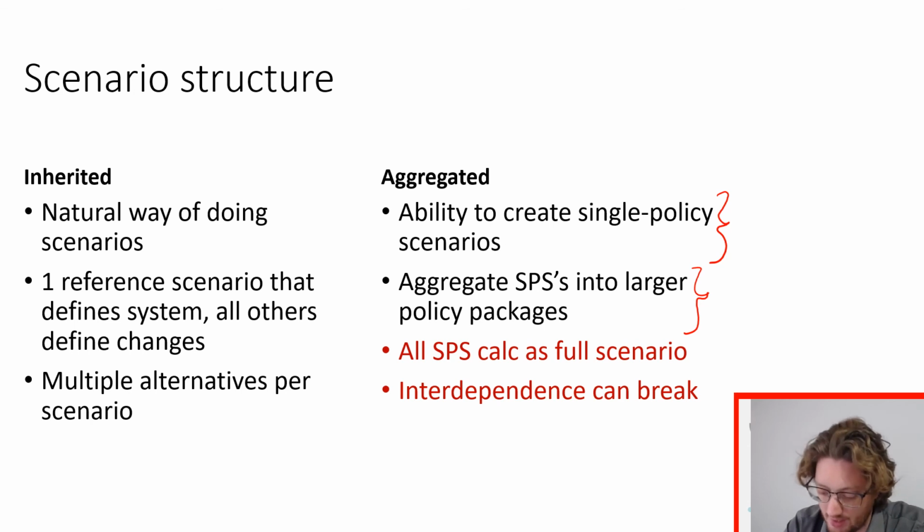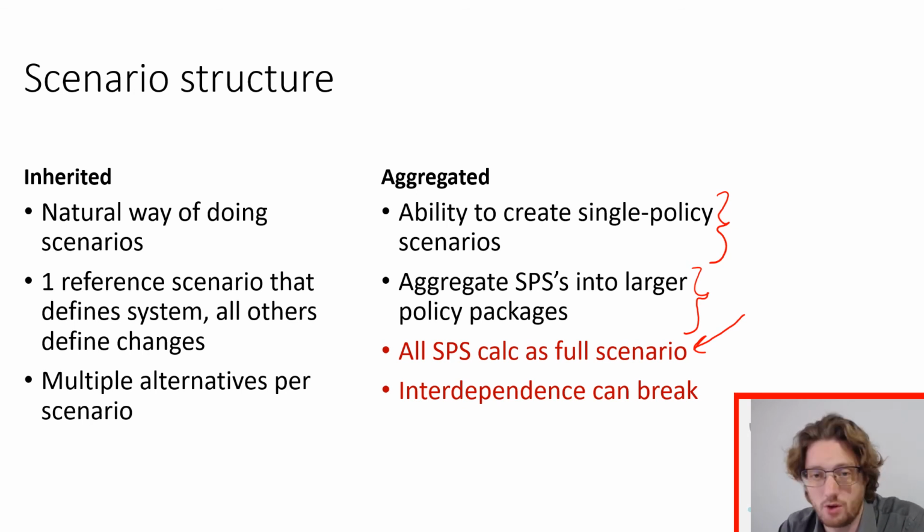The problem with this is that all of these single policy scenarios are full scenarios, because again, if you have linking, if you have other different things, your single policy in some specific part of your model might influence all other parts, so they all have to be calculated as a full scenario.